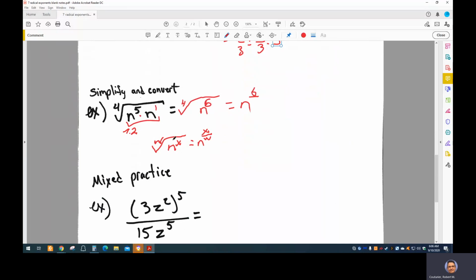And the index is the denominator. And then all we have to do is reduce that little fraction. So 4 does not go into 6 evenly, but 2 does. So 2 goes into 4 twice, and 2 goes into 6 3 times.